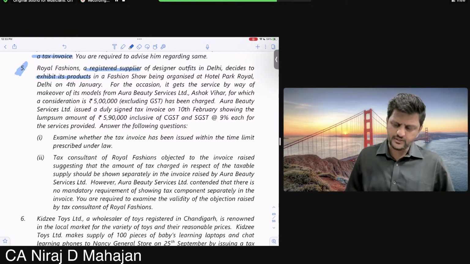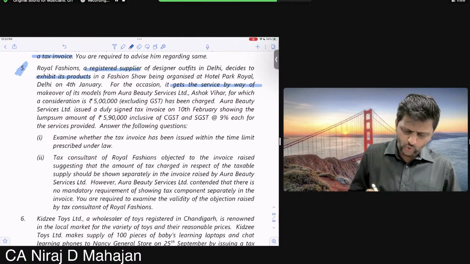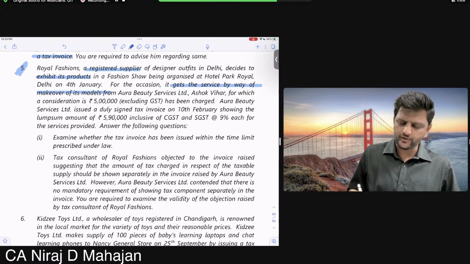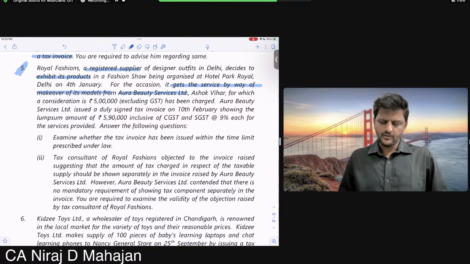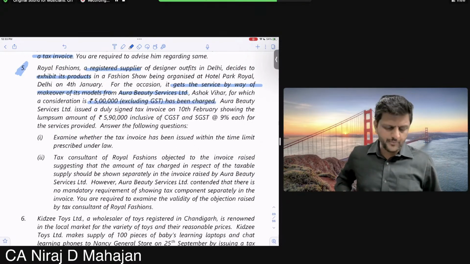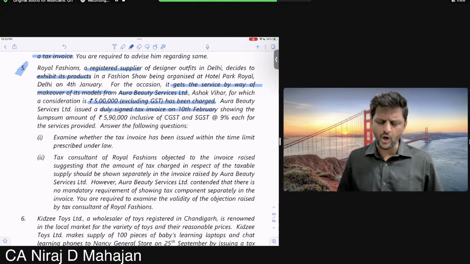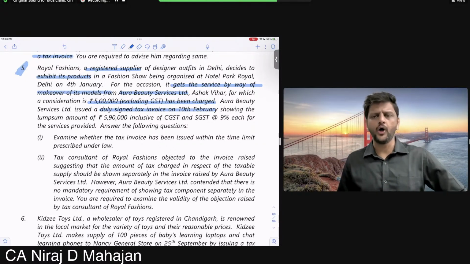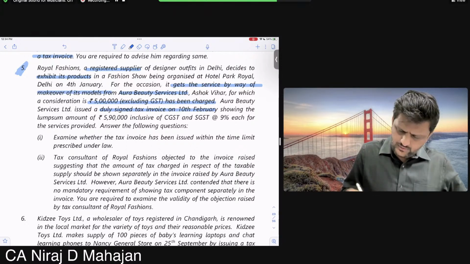On this occasion, it gets the service by way of makeover of its models from Aura Beauty Services Limited, for which a charge of 5 lakhs has been made. Aura Beauty Services issued a duly signed tax invoice on 10th February. Wrong? No, not wrong, right? For service, on the date of supply or within 30 days of provision of service. Tell me.